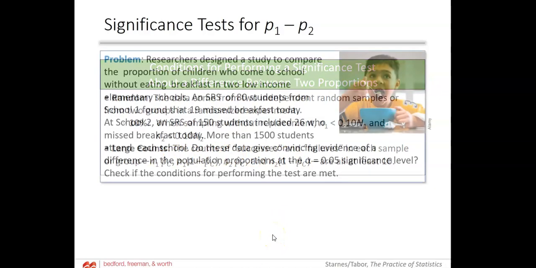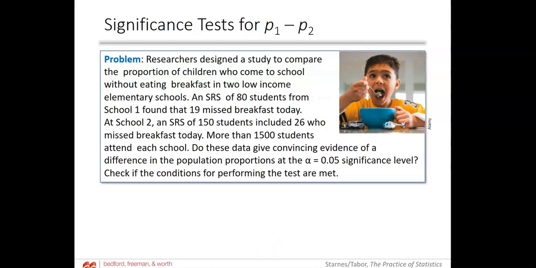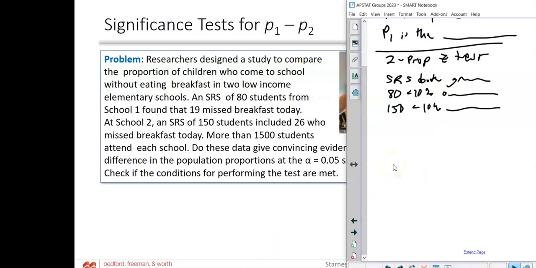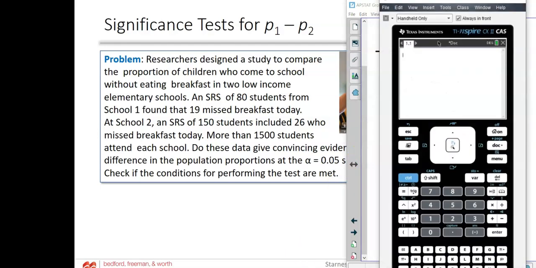So if we go back to the question here, n would be 80, checking that condition, 80 times, well, let's find the pooled value here. So get our calculator out. This will be a fraction, so control divide.